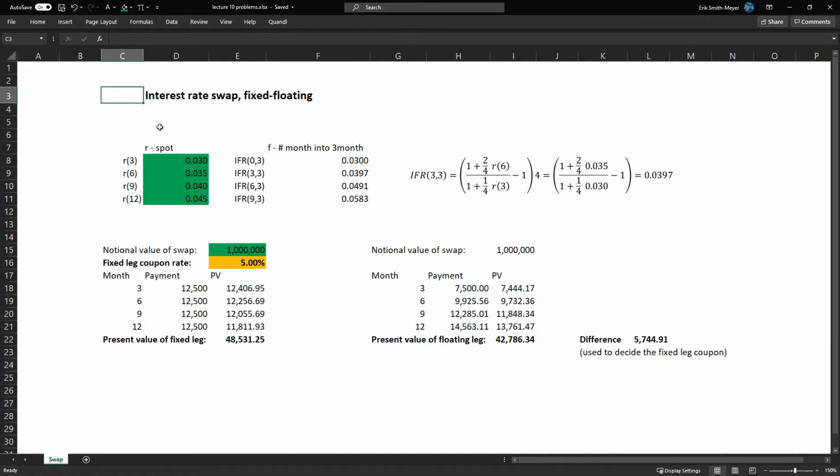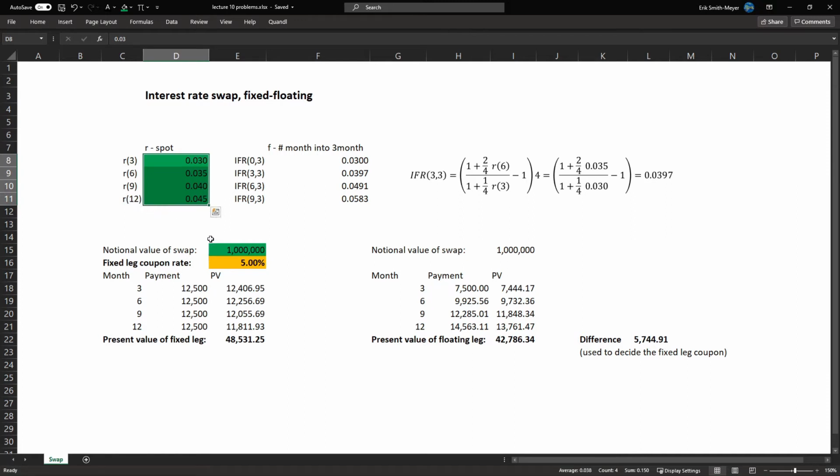And what we are given is the spot rate, and you see that the 3-month spot rate annualized is 3%, and the 6-month spot rate annualized is 3.5%. So the yield curve is upward sloping until the 12-month spot rate.